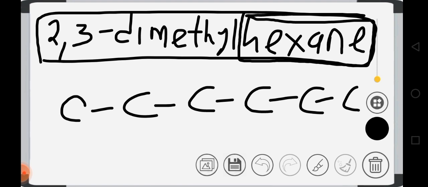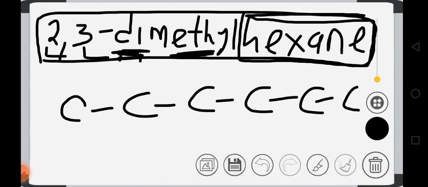And the next thing, we have 2,3 dimethyl. Di means 2. That means we're having 2 methyl groups there. The first methyl group is located at the second carbon, while the second methyl group is located at the third carbon, depending on where you are counting from.